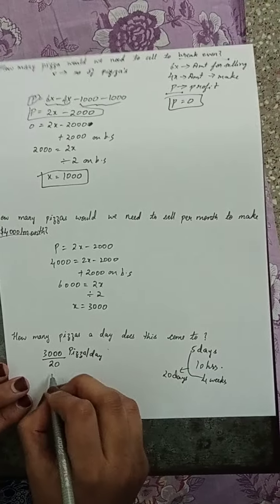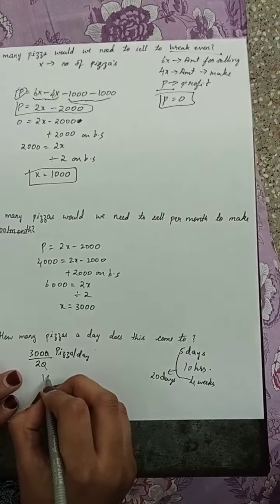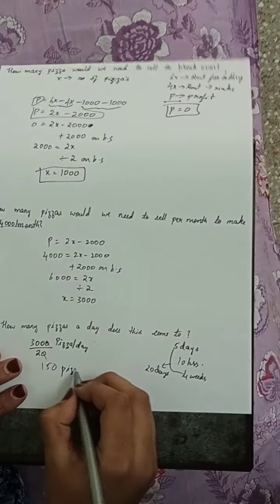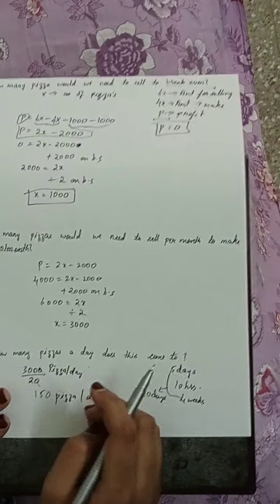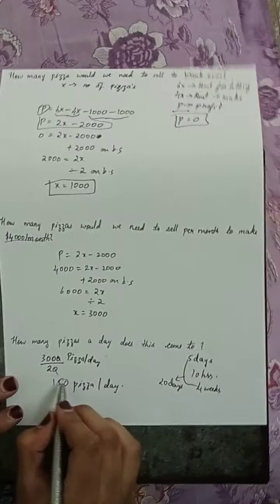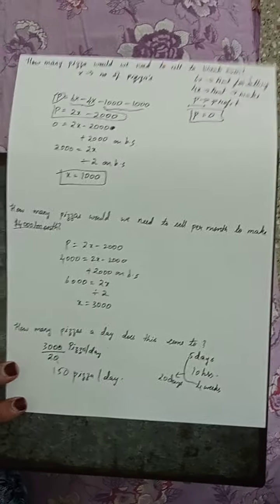Now if I cancel 0, I'll be getting 150 pizza per day. So now let us just check whether this is possible or not, because it's just me and a single employee that will be working.